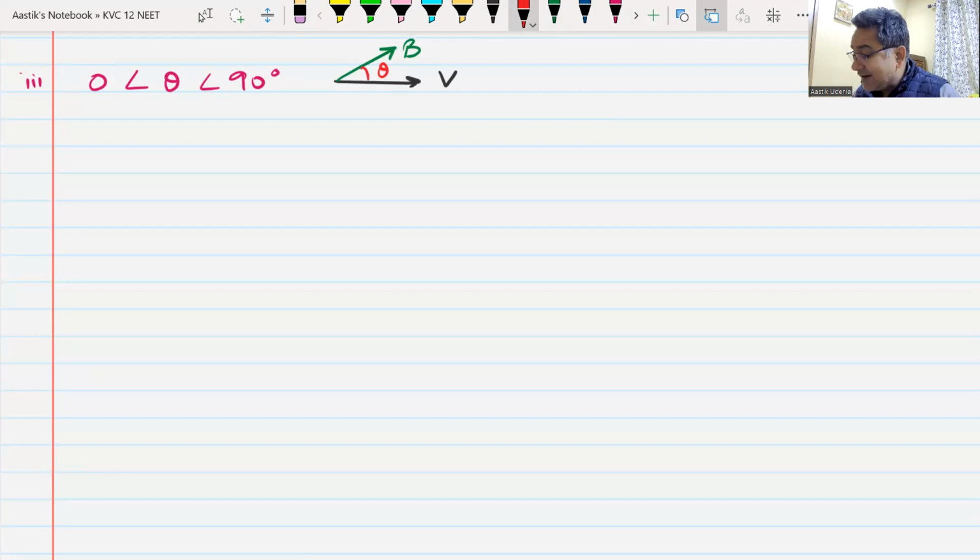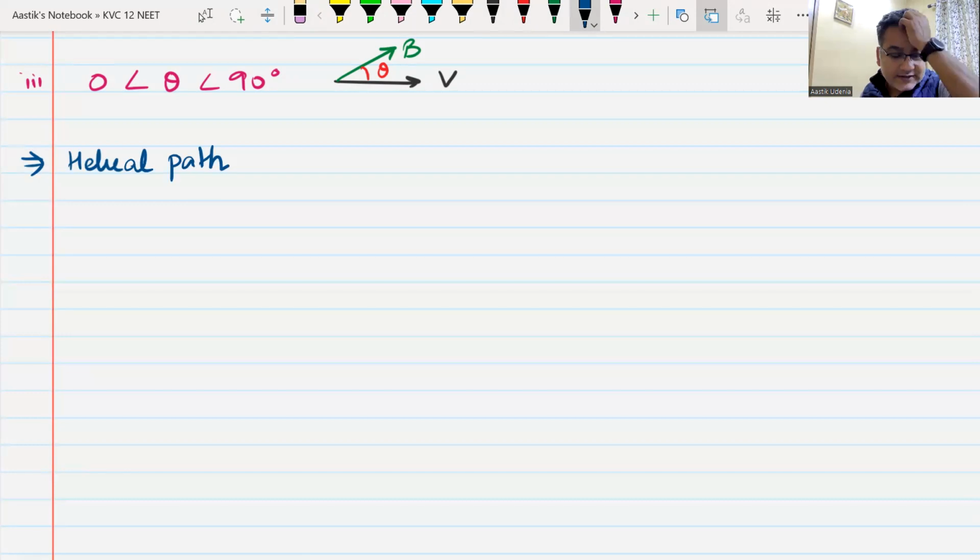In that case, the type of path this body moves on is known as a helical path. What do you mean by helical path? It moves in a circle and it moves ahead.